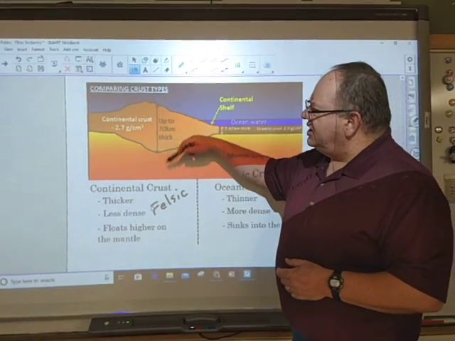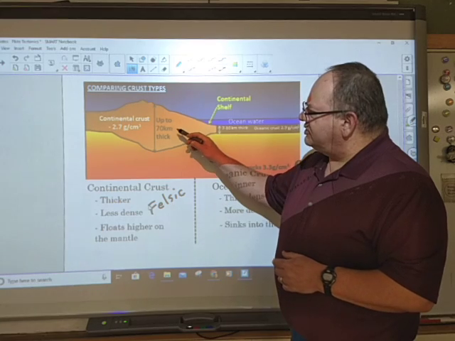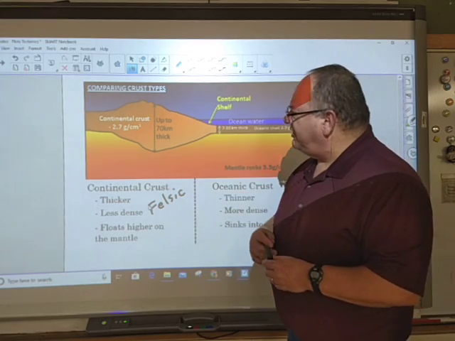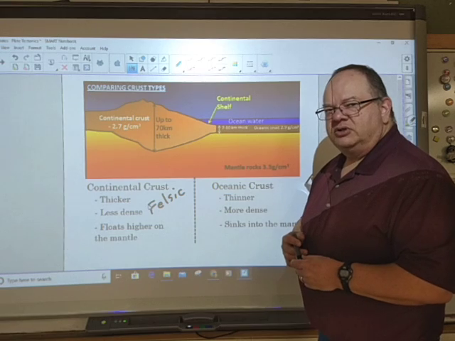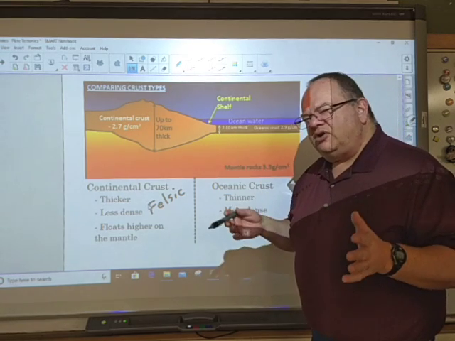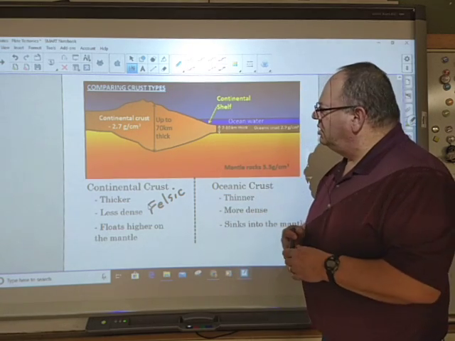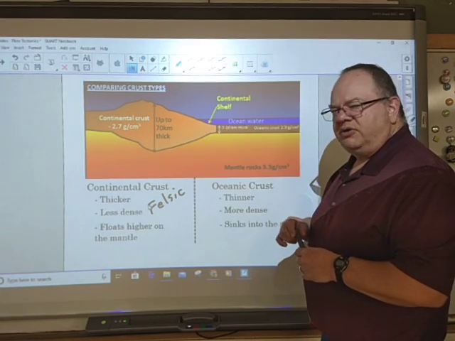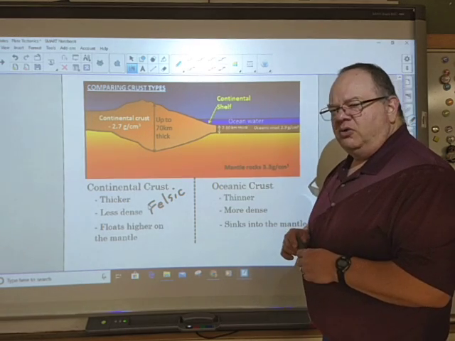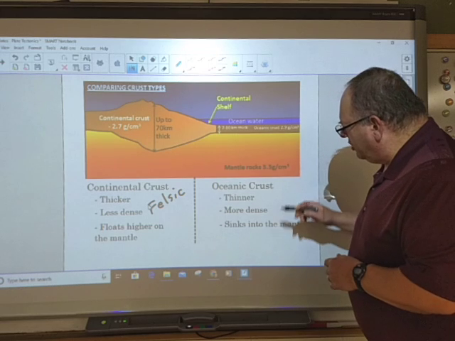It says that the continental crust sometimes can be up to 70 kilometers thick. Ocean crust is often just 6 to 10 kilometers. So 10 kilometers is a little over 6 miles. That's not very thick, okay? That's the surface of the Earth underneath the oceans, okay?